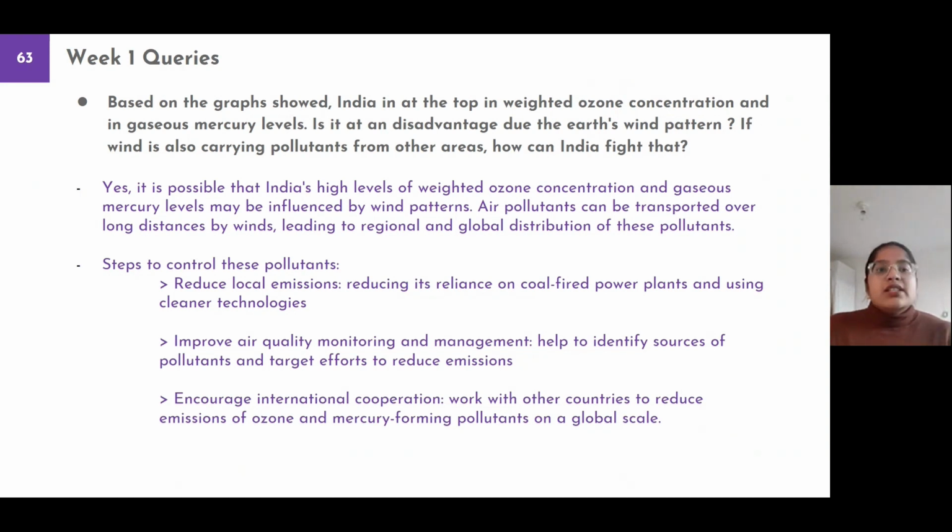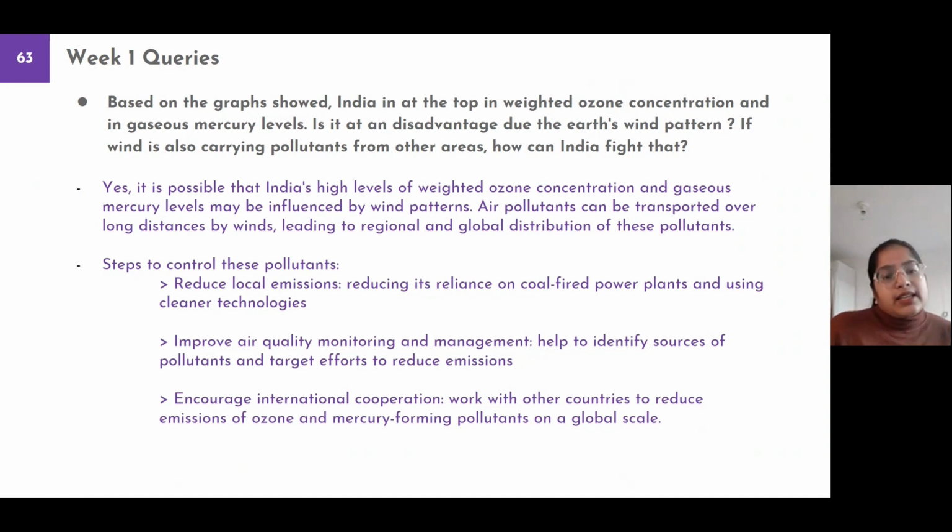But there are certain factors, such as our own local emissions, because we still rely heavily on coal-fired power plants and other non-renewable sources of energy. If we make the switch to cleaner technologies, we will be much more able to fight it. But a large portion of our emissions are because of in-house local emissions and air pollution.